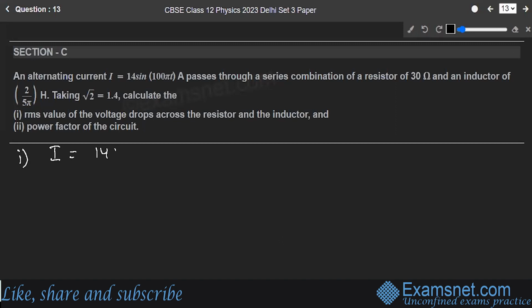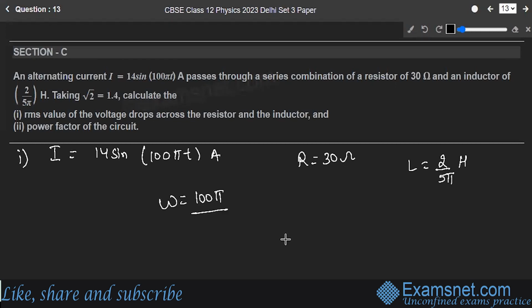Current is 14 sine 100 pi t A. Resistance here is equal to 30 ohm. L is equal to 2 upon 5 pi H. These things are given over here. Now angular frequency omega is equal to 100 pi.